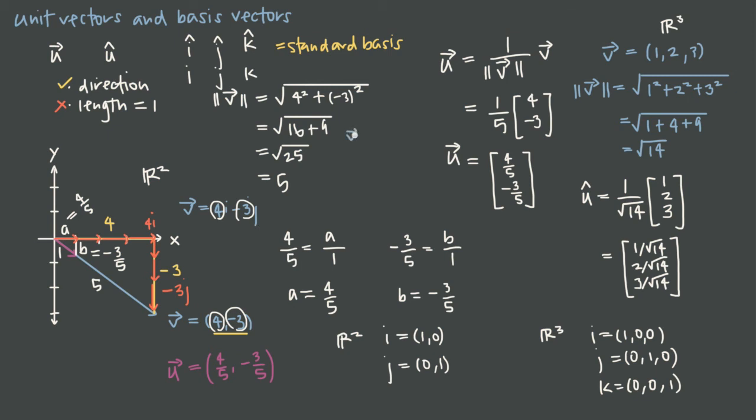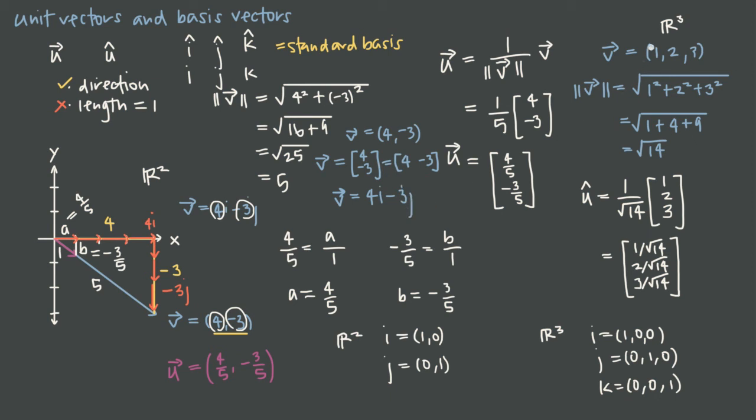We can say that the vector v is 4, -3. We can write the vector v as either the column vector 4, -3 or as the row vector 4, -3. And we can write the vector as a linear combination of the standard basis vectors, 4i minus 3j.